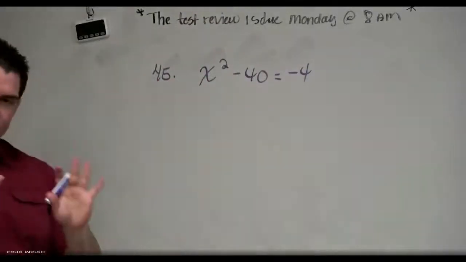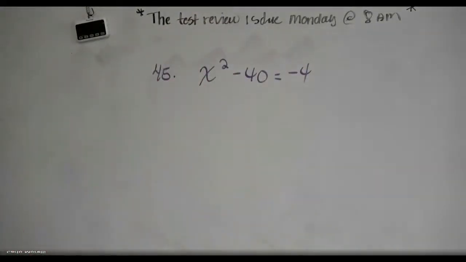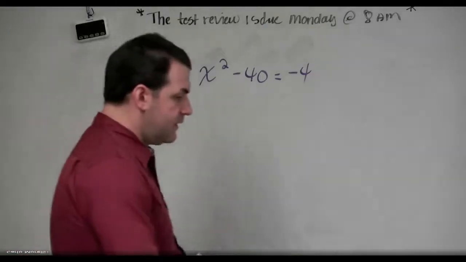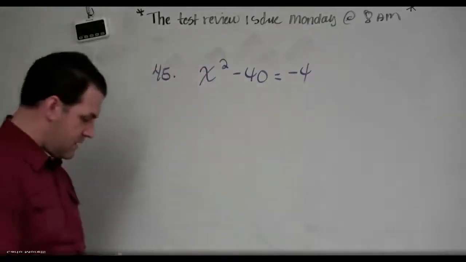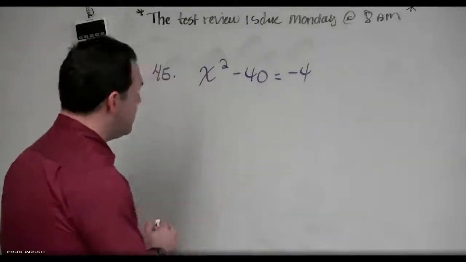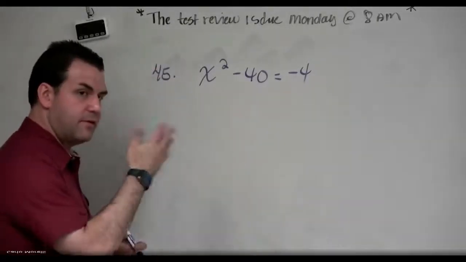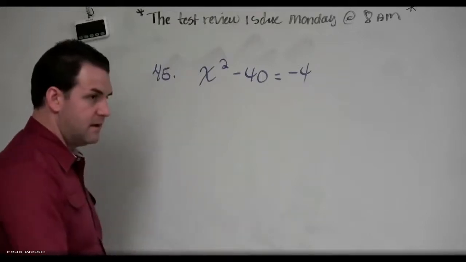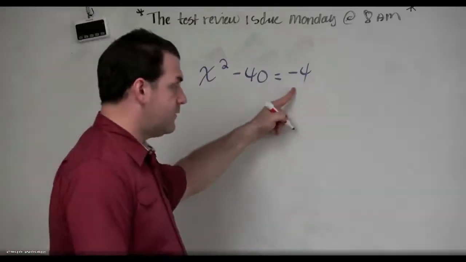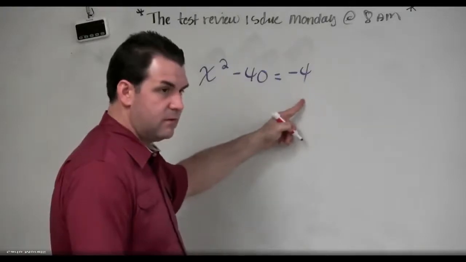Okay, now let me do all the talking for this problem because we haven't encountered a problem like this before. You notice it looks different than the previous two problems. It's not a standard form quadratic. So the first thing we got to do is make sure the right side is 0.